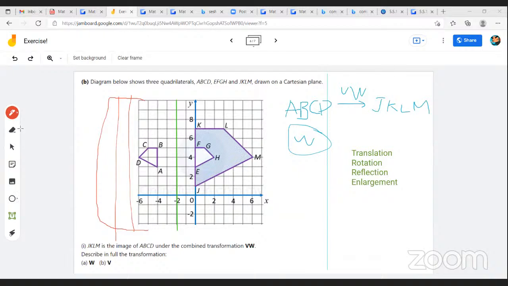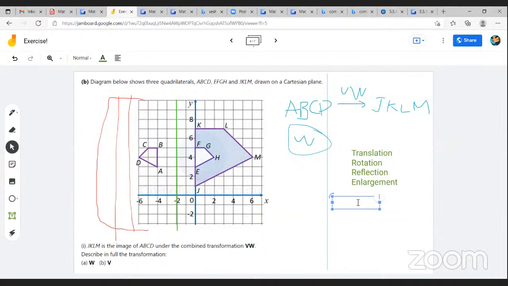So our first one is, okay, so how do you describe the reflection, Harin?